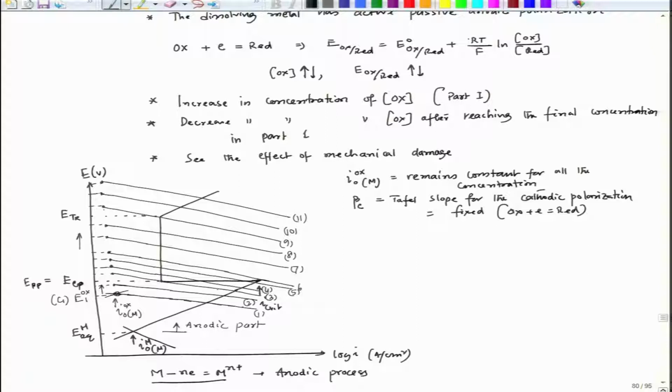So, all the lines are parallel, but they will have interactions according to the way they cut across the anodic polarization part of the dissolving metal.